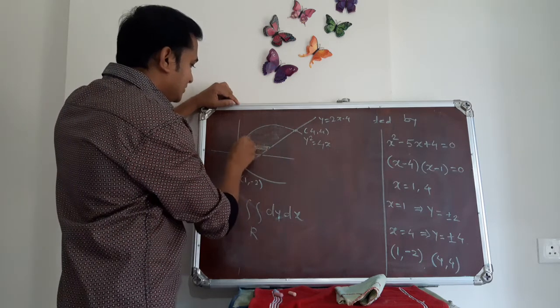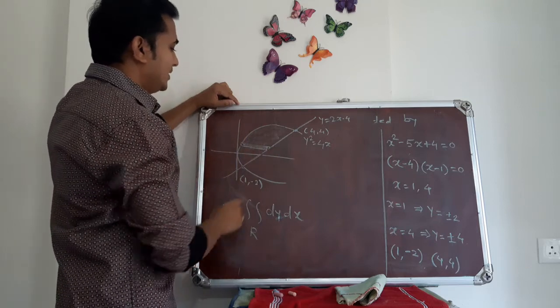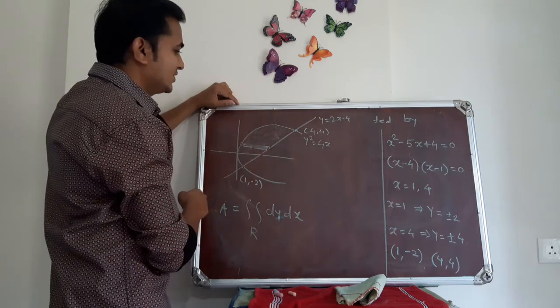So horizontal strip, that means you will have to find limits for x.